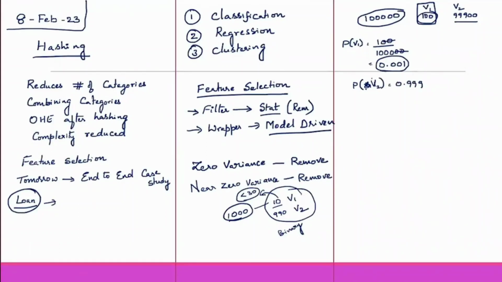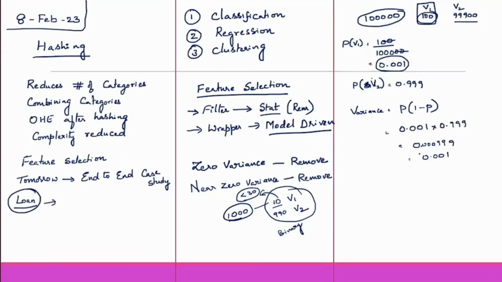If I look at this binary variable, the variance of this data set is nothing but P times (1 minus P), because it's binary data. It goes like a binomial distribution. So it goes with 0.001 times 0.999. The variance of this data overall comes out as 0.000999, which is almost 0.001 approximately.